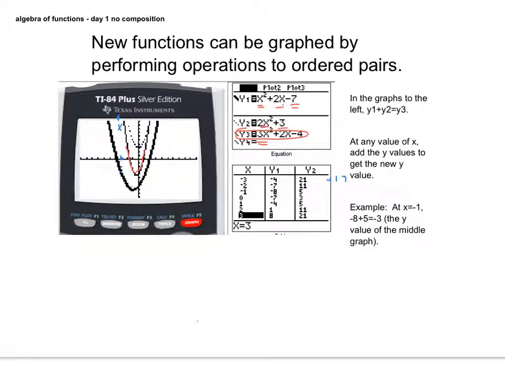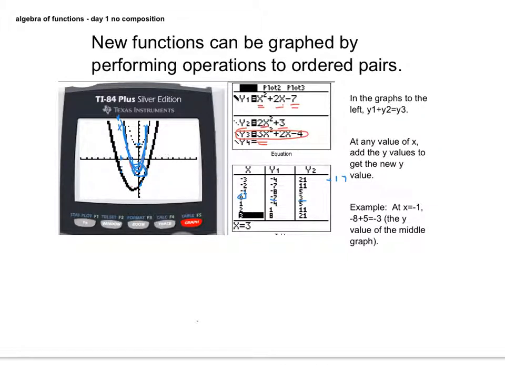If I add at 0, I add negative 7 and 3 together, I get negative 4. So I've added those results together to get the new y value. So this is the sum of the y values of the other two.